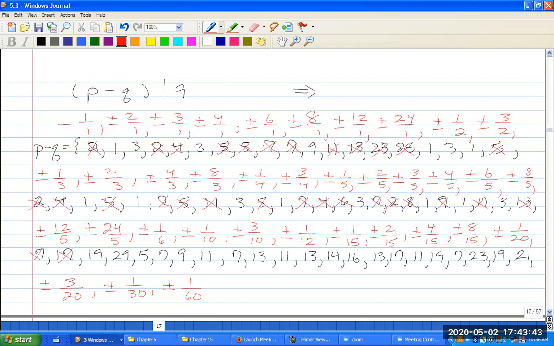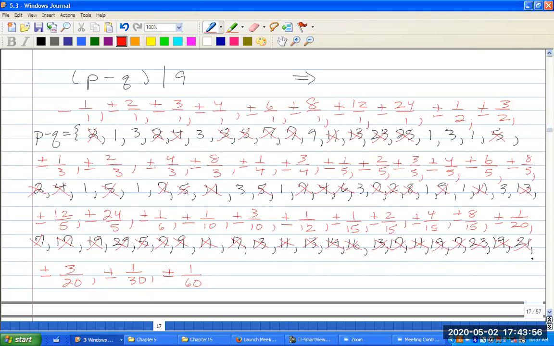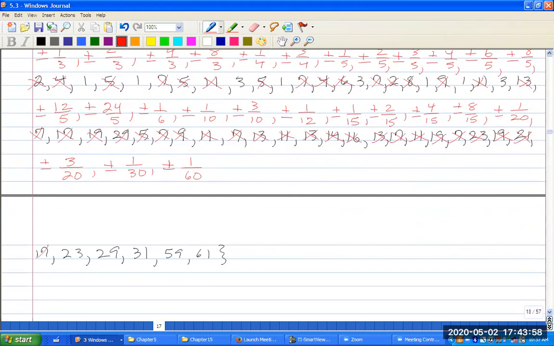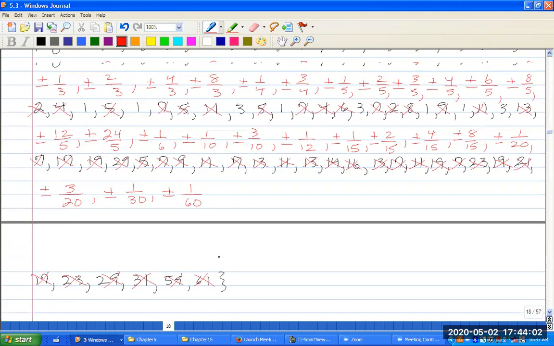Almost everything is not a factor of 9 in this list. So all these are gone. All these are gone. Okay, so all those are gone.